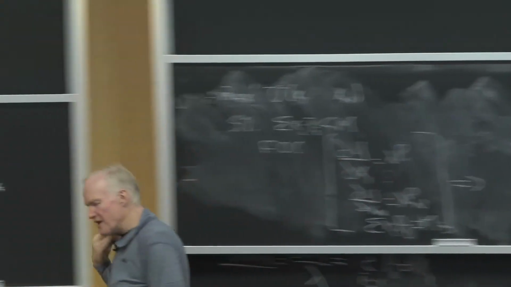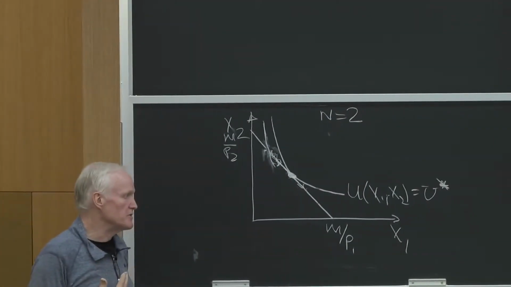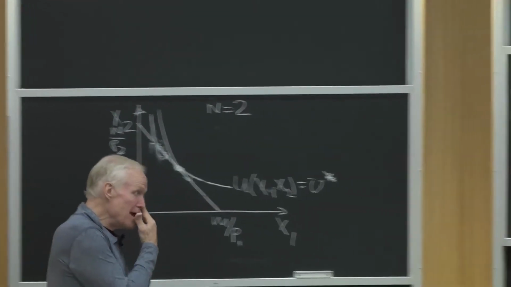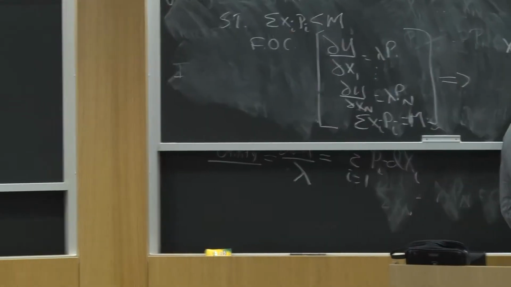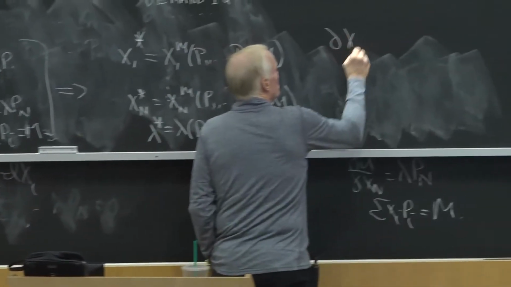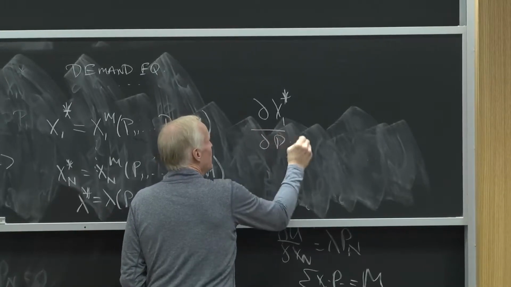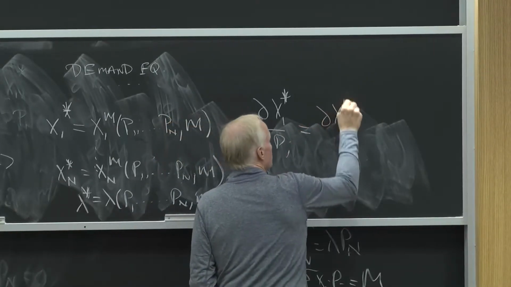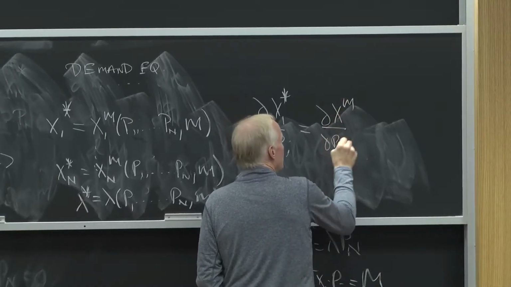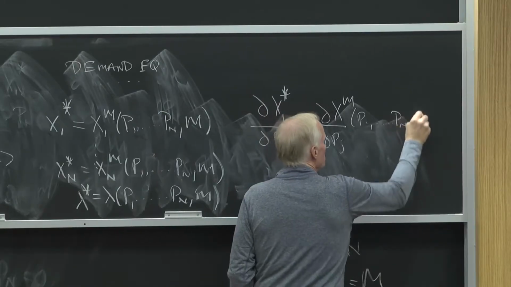Now, it's important to understand what's going on in these demand equations. So, for example, when I look at the Marshallian equations, partial x1 star, partial pj equals partial x1 star of p1 to pn and m, partial pj.